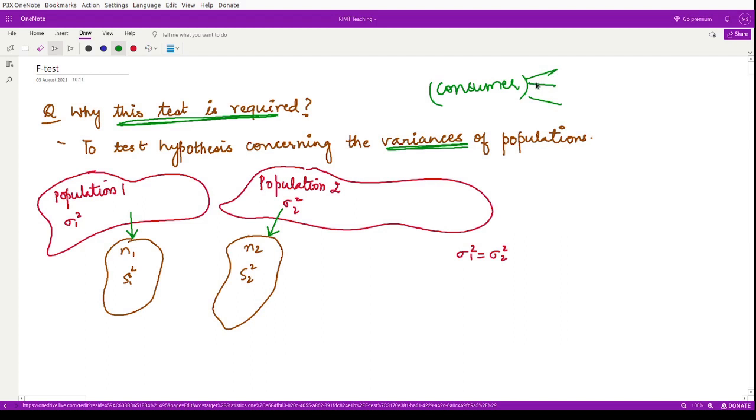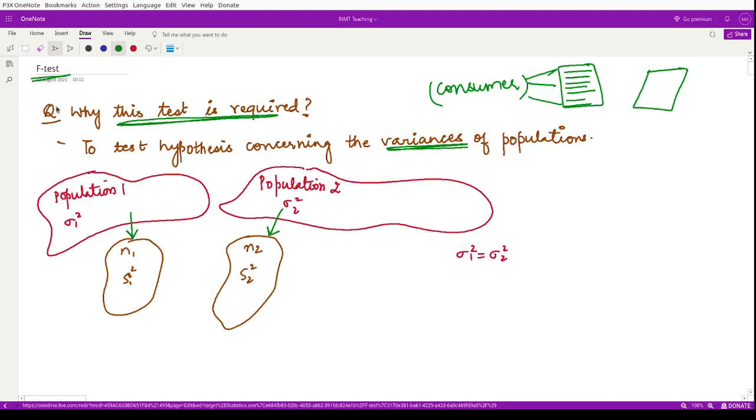In order to meet those specifications, he would have to perform tests which check how much variation there is from the ideal product. So suppose this is the ideal product, how bad is his product, or how much better is it than the ideal product? He would have to check the variance for that product, and in order to check the variance, he would have to apply the F test.